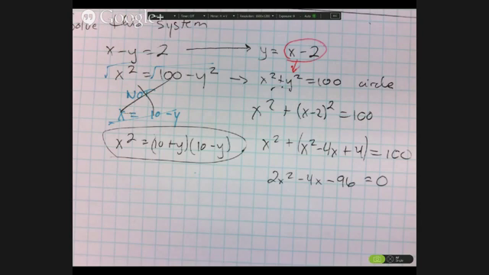Okay. Let's finish this. Are you okay where we're at? Okay. I'm going to divide by 2. Because there's a 2 in every term, I get rid of it. It makes it easier.